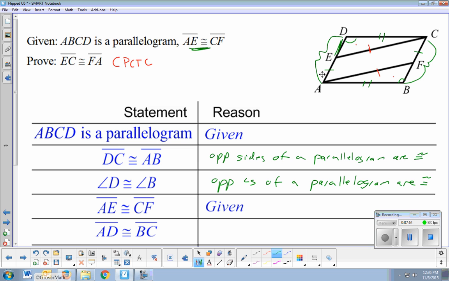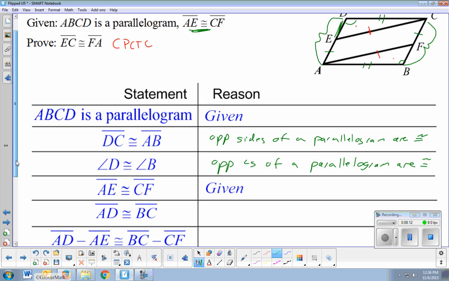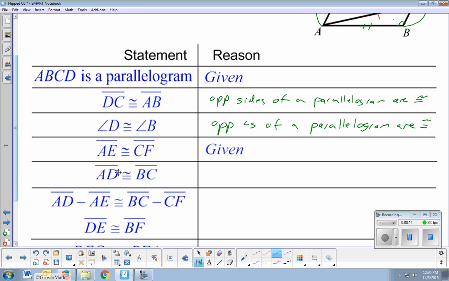So I'd have to cut off EA, I'd have to subtract EA. And over here, I don't want BC, I want BF, so I'd have to subtract CF. And the only way I could subtract different segments is if I knew those segments were congruent, such as this. So because of this given, I am going to be doing some subtraction. And so this is because, again, opposite sides of a parallelogram are congruent.